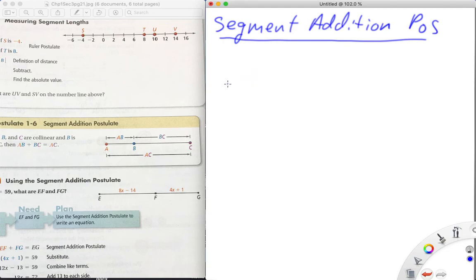So I have point A, I have point B, I have point C.